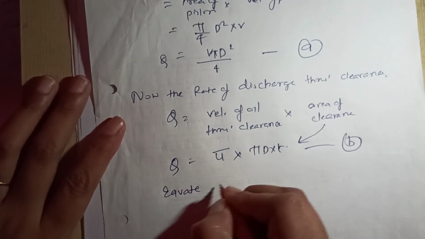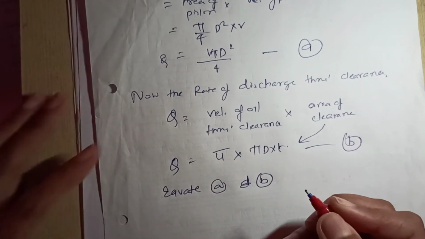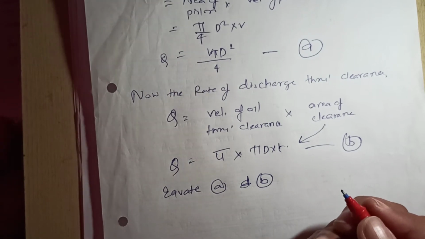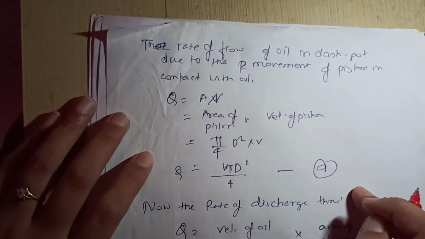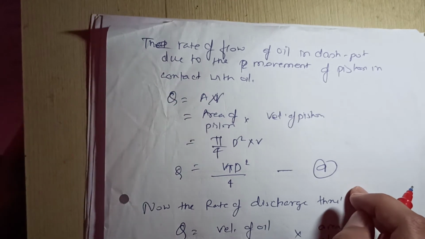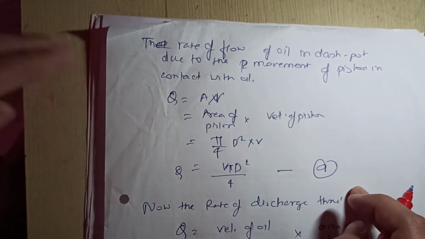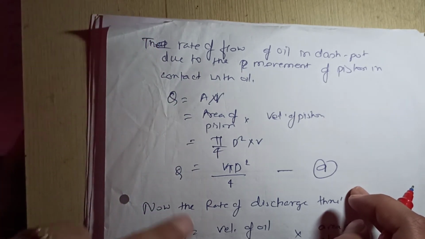Equate A and B, because both are the same discharge represented differently. In the first equation, we are considering the discharge of oil by virtue of the movement of the piston, which is in contact with the oil.